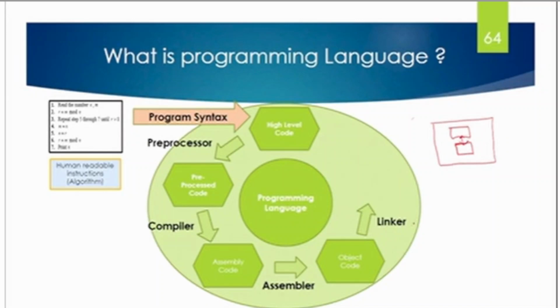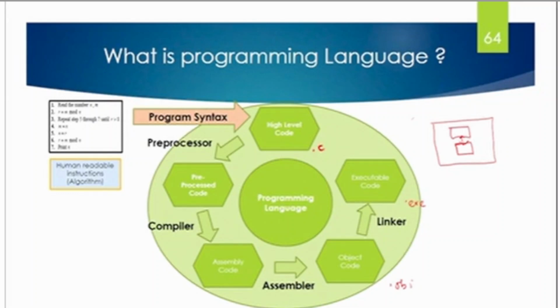The linker takes the object code, and if it gets several unresolved references, that is multiple programs, it will collect all of them together and create an executable code. This executable code has the .exe extension. So this is .exe, this is .obj, and this is .c, right? These are the main extensions we are using here.